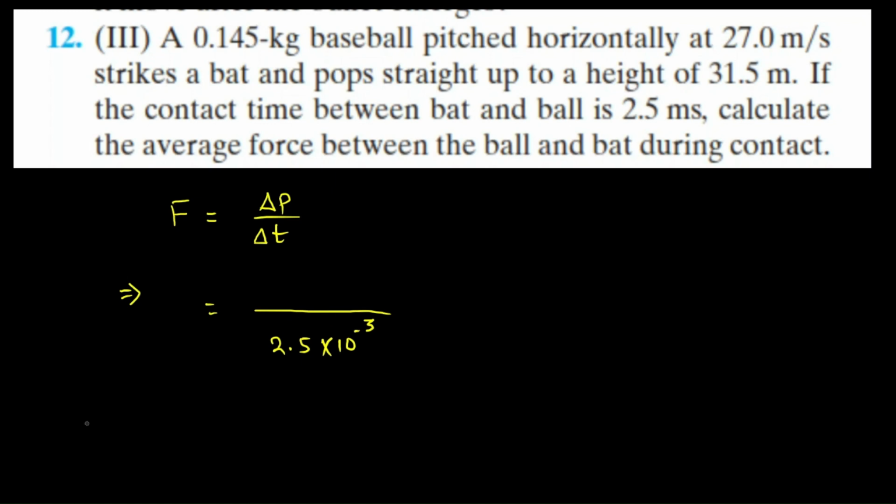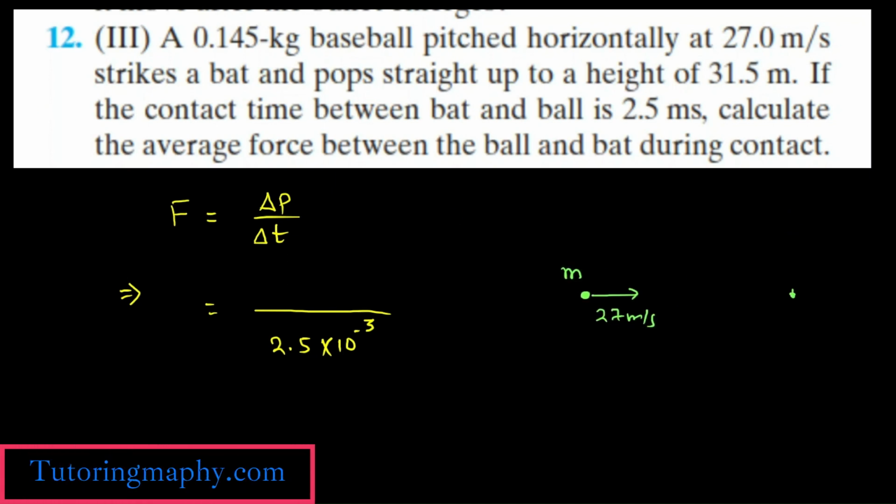We have to be a bit careful about this because this was the baseball going at 27 meters per second. After striking the bat, we do not know its velocity, but we for sure know that after colliding, it rises to a height of 31.5 meters.